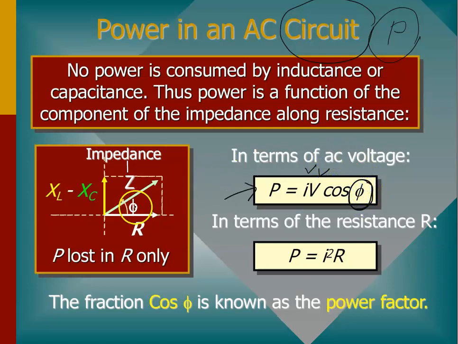Theta is the angle of the impedance to the x-axis. Now, power in terms of resistance can also be written as P equals I squared times R. Please take note that this cos theta is known as the power factor. So how big this cos theta is will affect how big the power of this RLC AC circuit is.